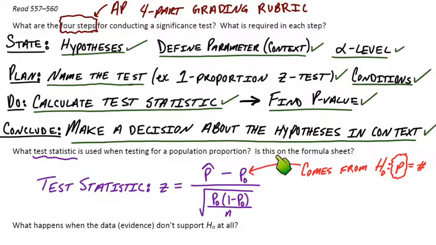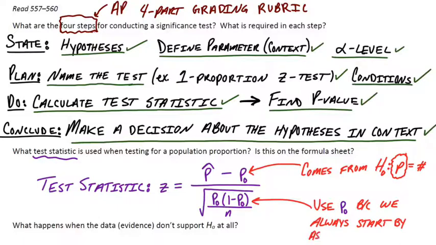Whatever that p is, that's what we're going to use for p naught. And then in the denominator, when we're doing the standard deviation, we use p naught because we always start by assuming that the null is true. So we assume that this p naught will get our standard deviation.